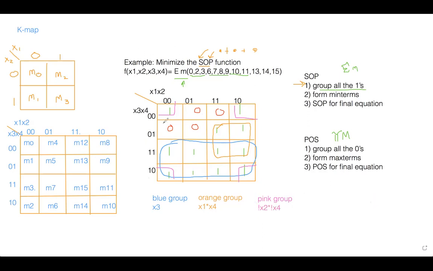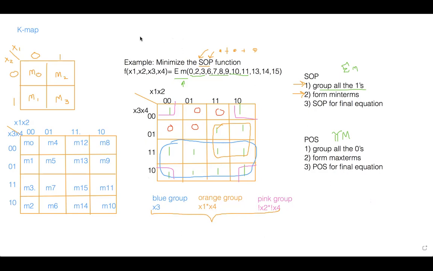Okay, now let's group these terms together in order to form our sum of product for our final equation. So we got our min terms. Now we're going to do the sum of product. So summing these together, remember that's addition, the plus sign for the or.